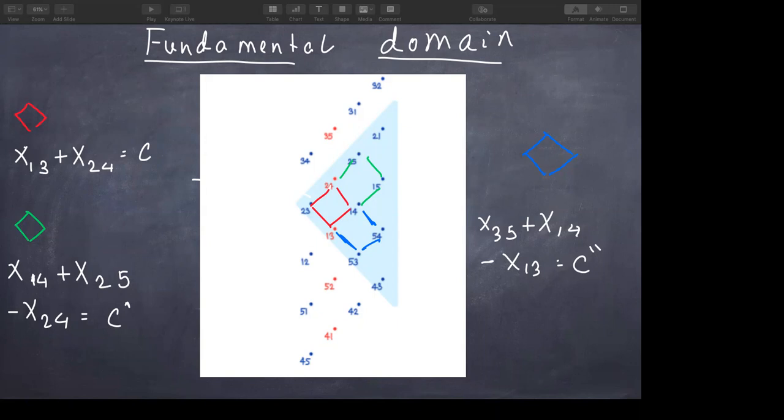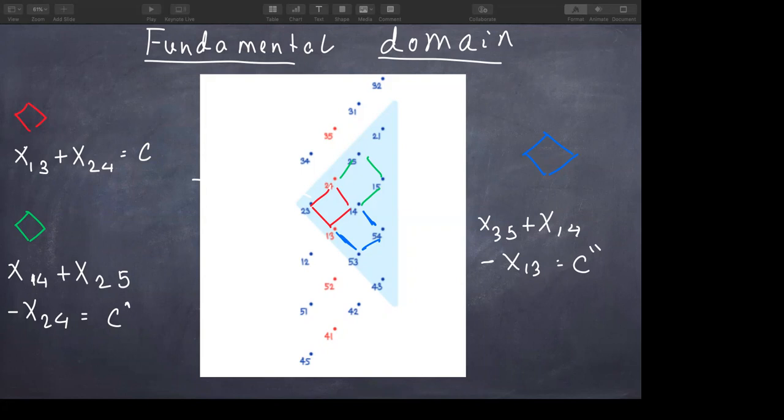If I take the red lattice, then it gives me an equation: if you evolve once, then you basically put a plus sign. So x13 plus x24 minus x14 minus x23 is a constant. It's literally a discrete version of a Gauss law.